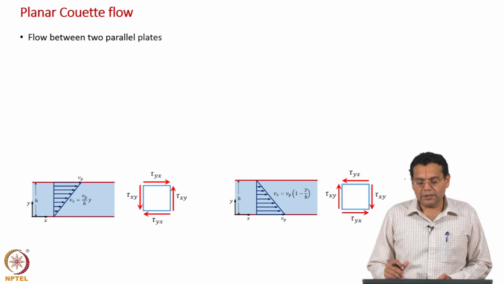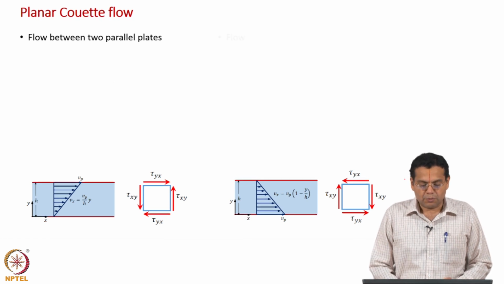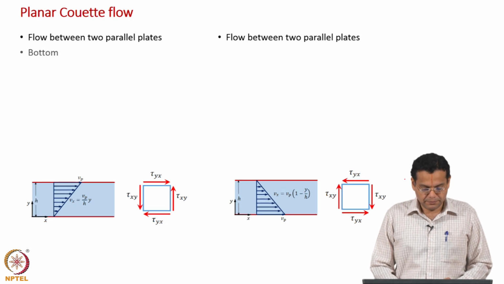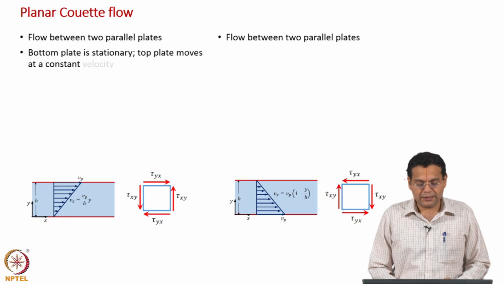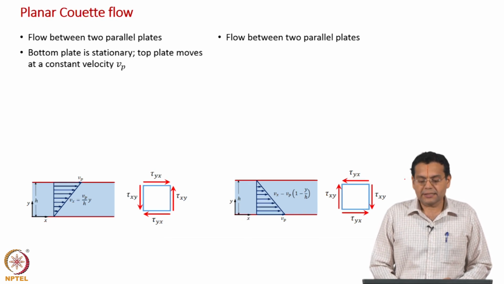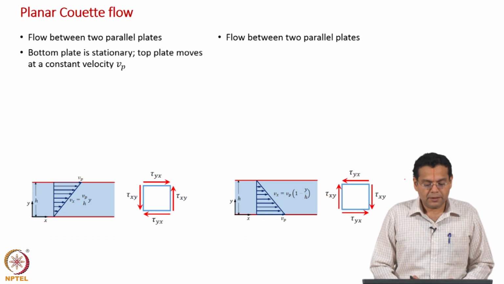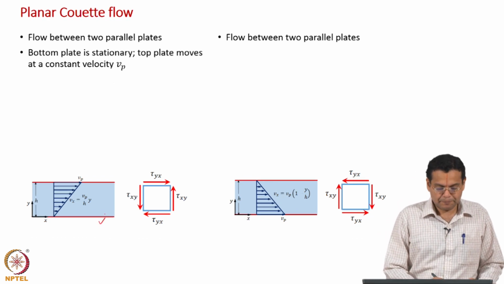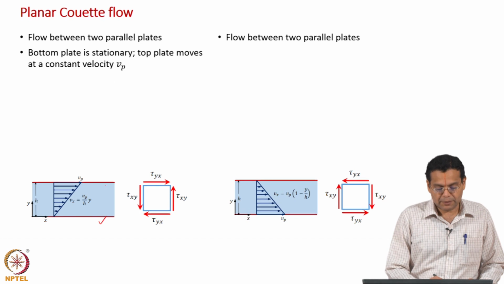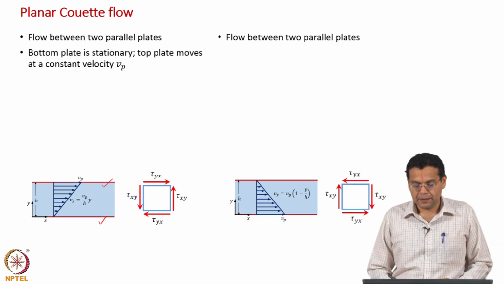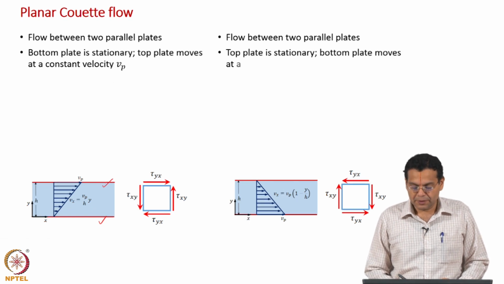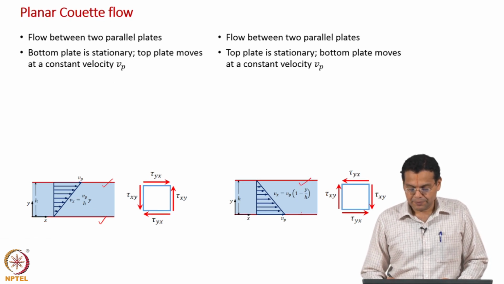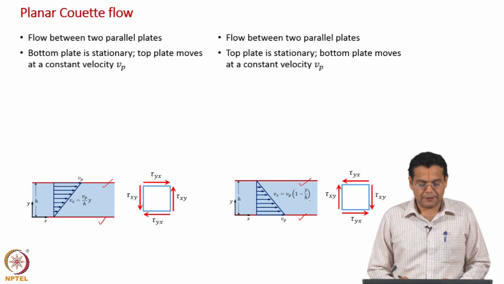Let us compare both planar Couette flow cases. Both of them are flow between two parallel plates. In the first case, which I have been discussing so far, the bottom plate is stationary and the top plate moves at a constant velocity Vp. In the new planar Couette flow, the top plate is stationary and the bottom plate moves at a constant velocity Vp.